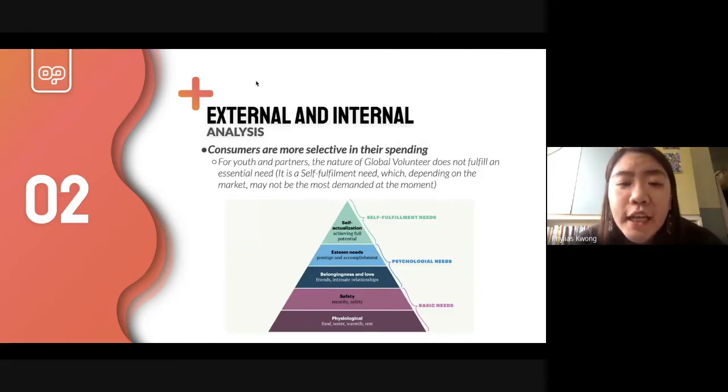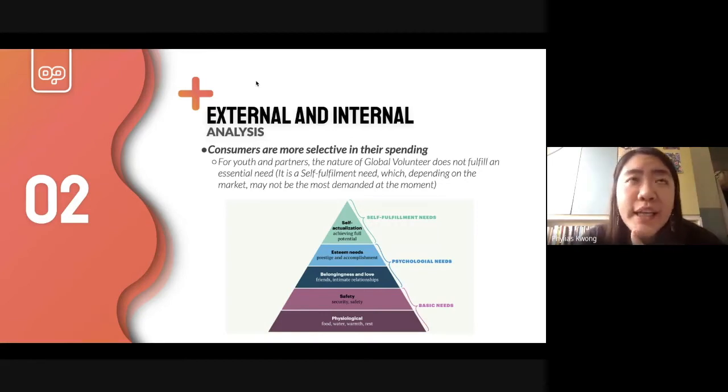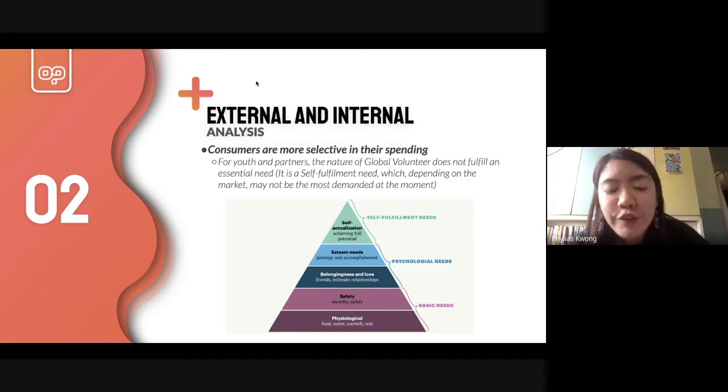And I think the last one is quite obvious. In the last session on the GV principle, I hope you have heard about it already. The value proposition of GV is about taking the needs of helping other people, which means it is on the self-fulfillment needs. It helps us feel good to help people, and I can give and take.